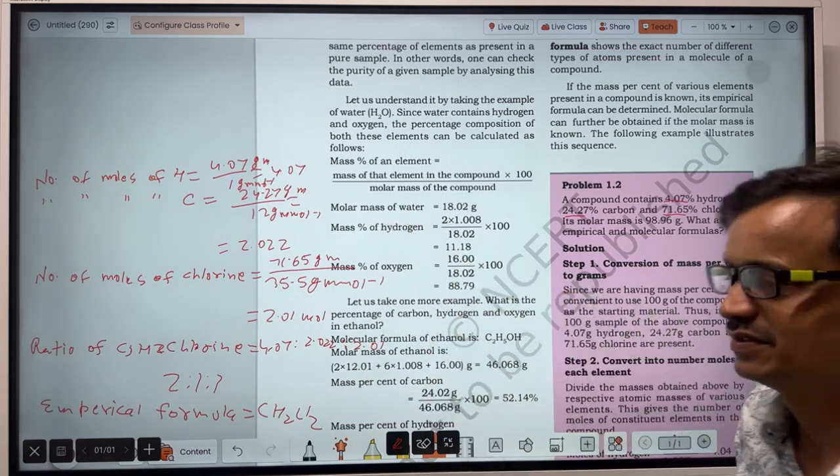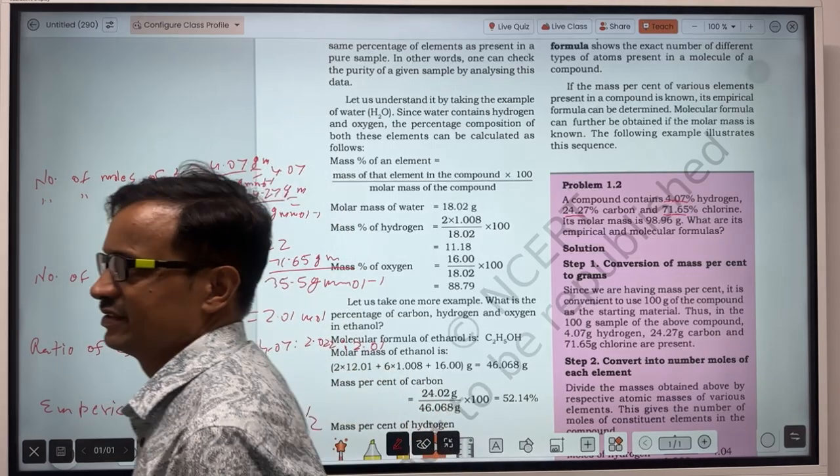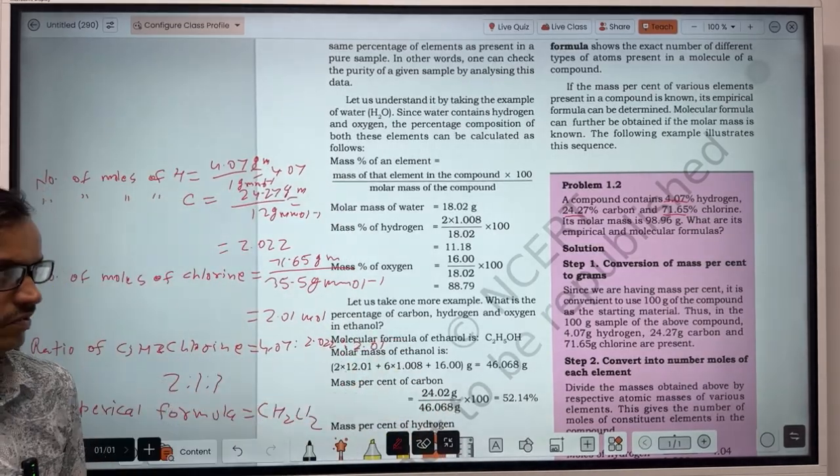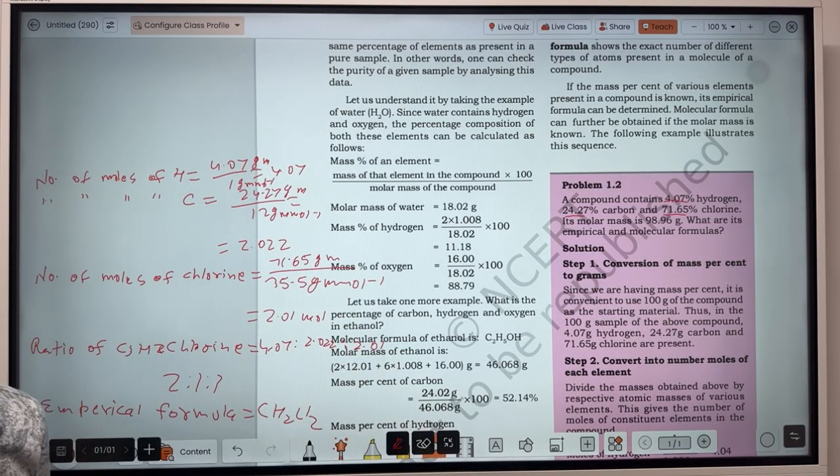Guys, first of all, make sure you understood, then copy it. After that I shall proceed on how to find out the molecular formula.